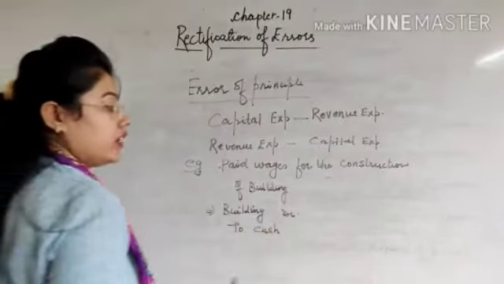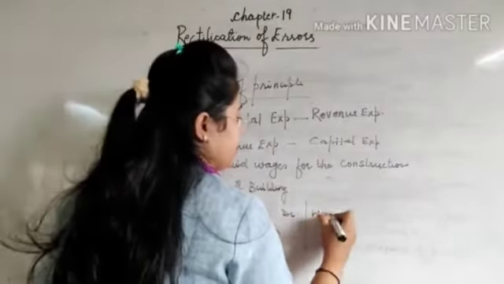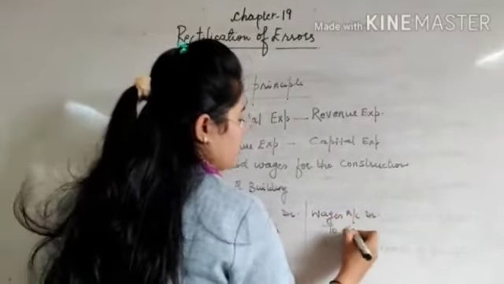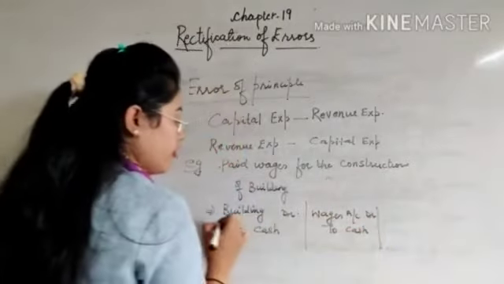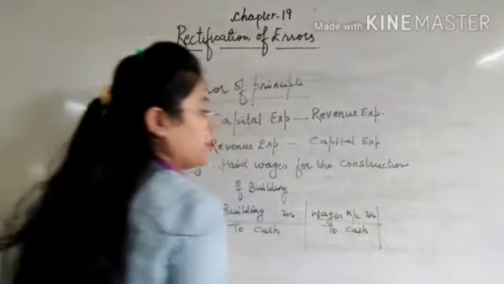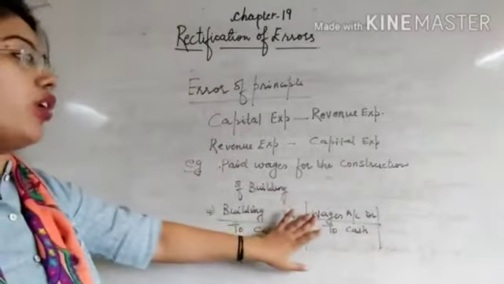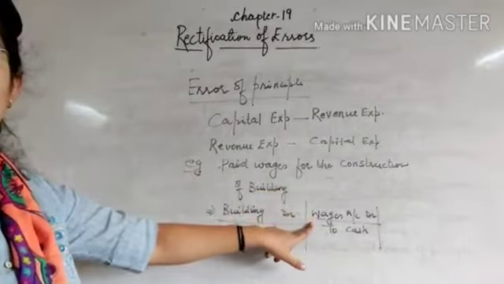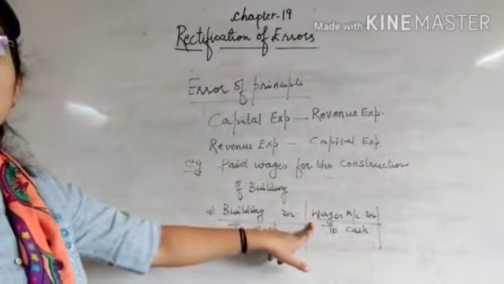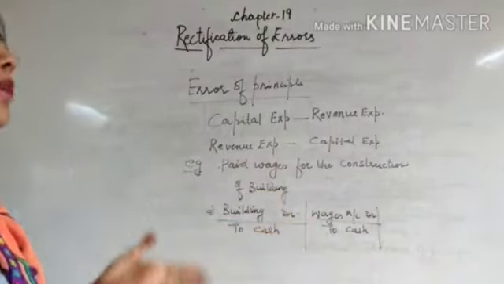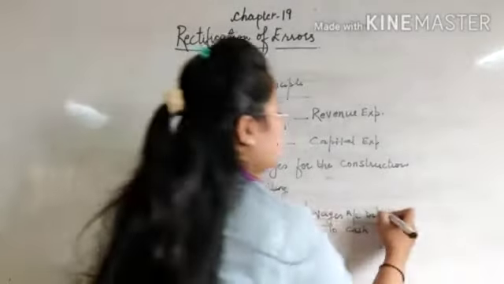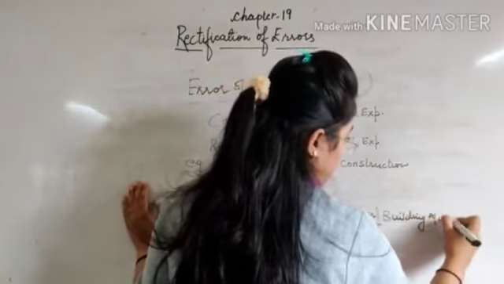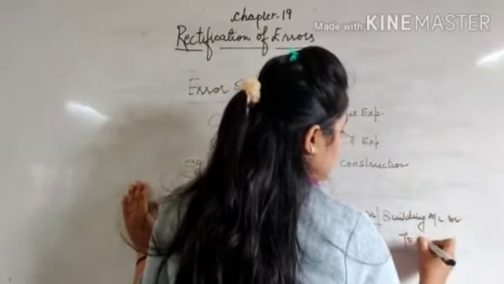But what have we done? Wages debit to cash. So the effect is that something is debited, but the name is wrong. It means capital expenditure is taken as revenue expenditure. Its effect is nil, but it is wrong. So we have to pass the rectifying entry, building account debit to wages account.